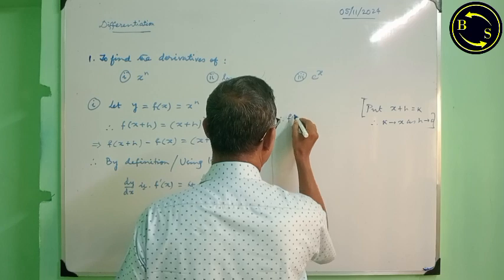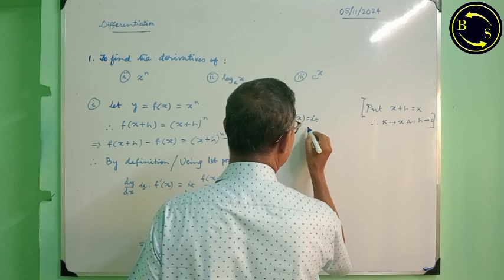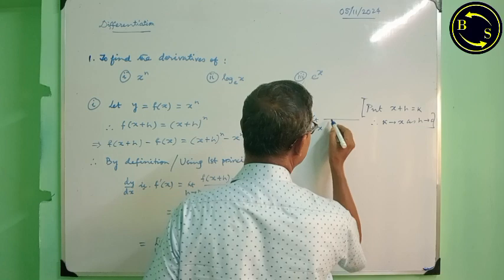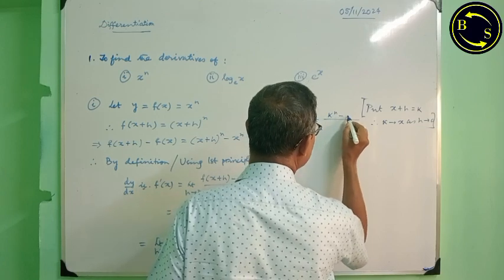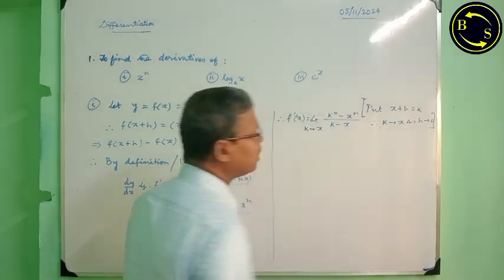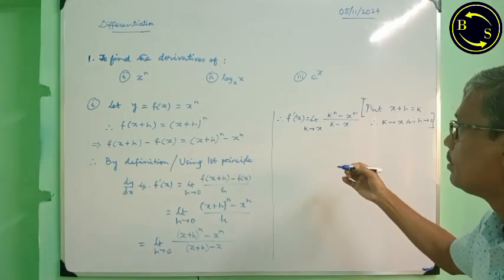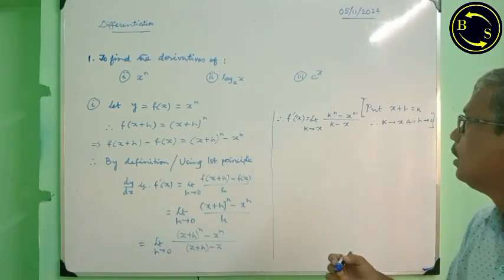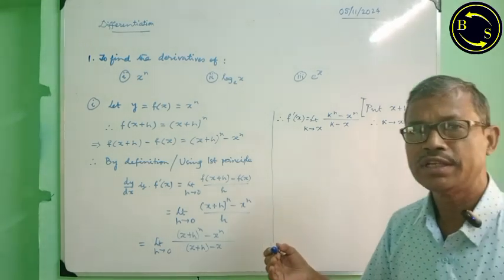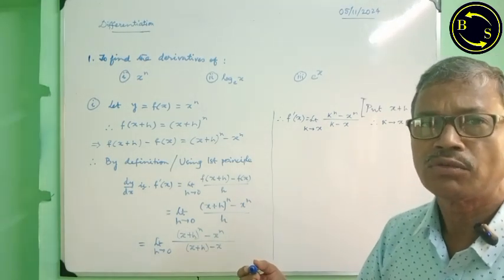Therefore, f dash x is equal to limit k tends to x of k to the power n minus x to the power n by k minus x. This is quite similar to the standard limit: limit x tends to a, x to the power n minus a to the power n divided by x minus a, that is equal to n a to the power n minus 1.